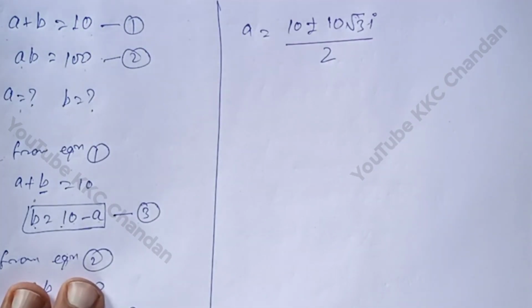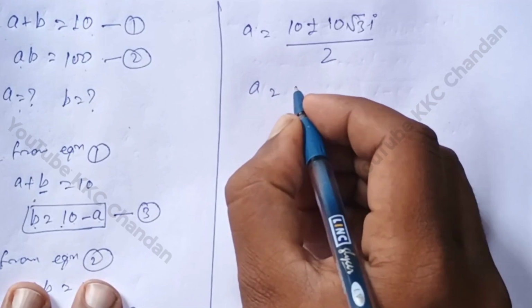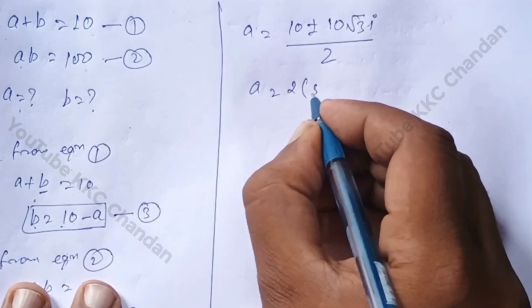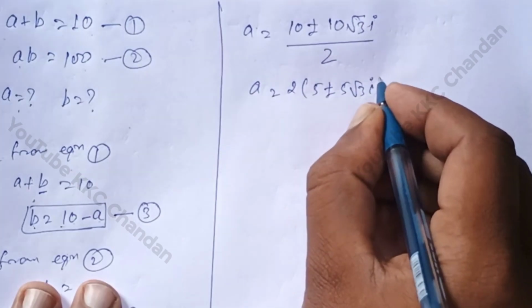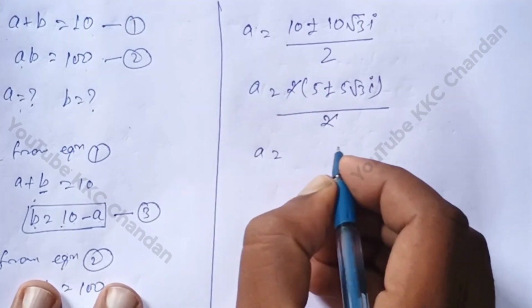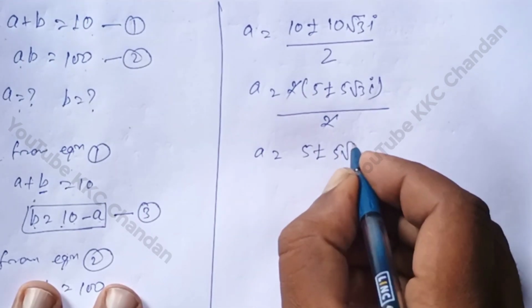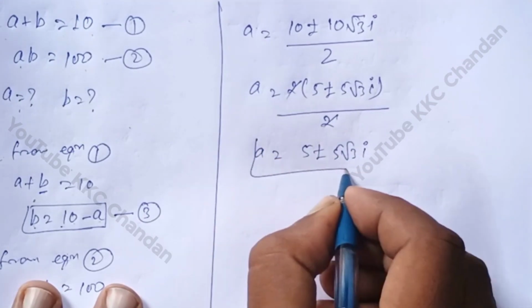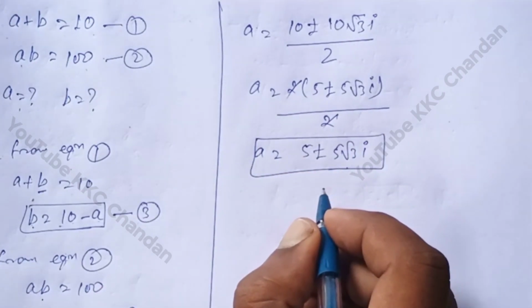After the next step, see here, a is equal to 2 common, 5 plus minus 5 root 3 i, bracket close, divided by 2. 2 cancels here. A is equal to 5 plus minus 5 root 3 i. This is the a value. See here, this is the complex solution.